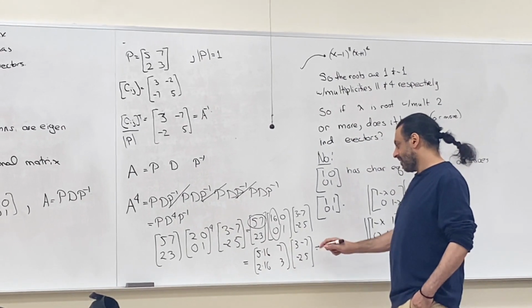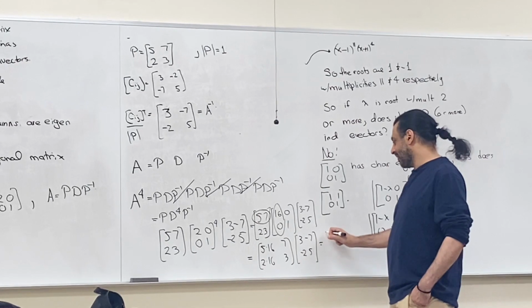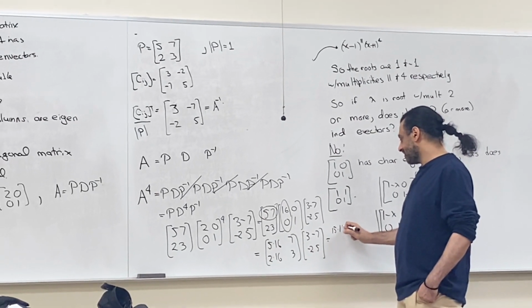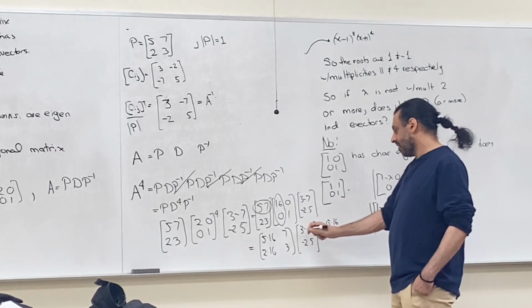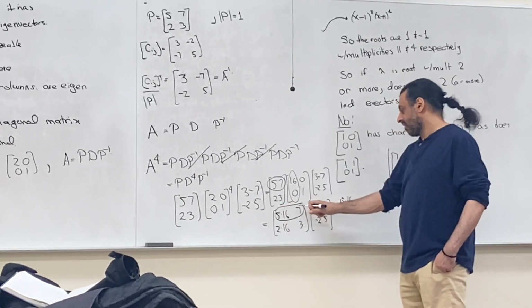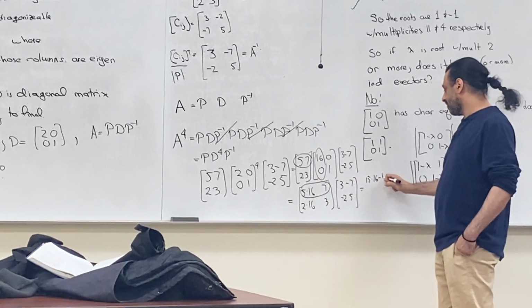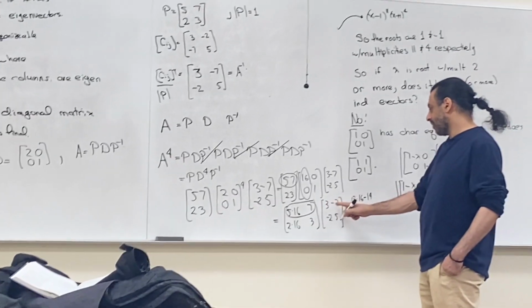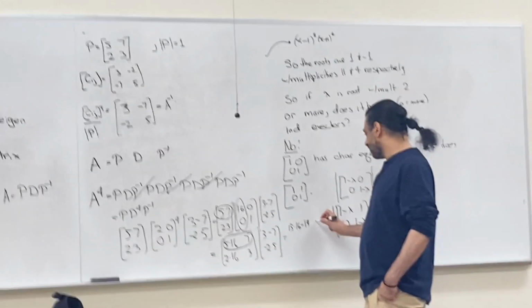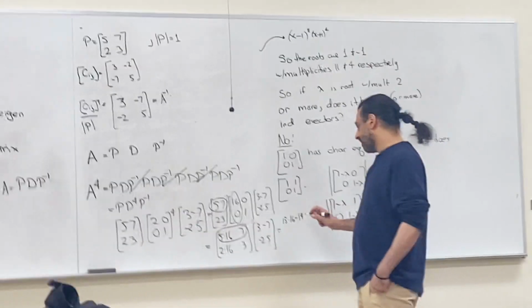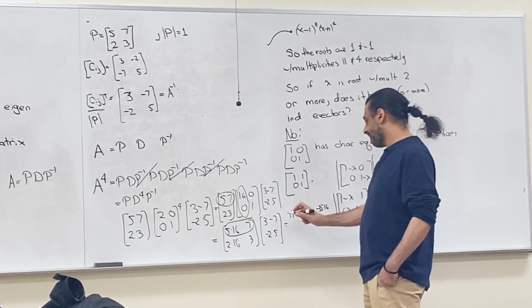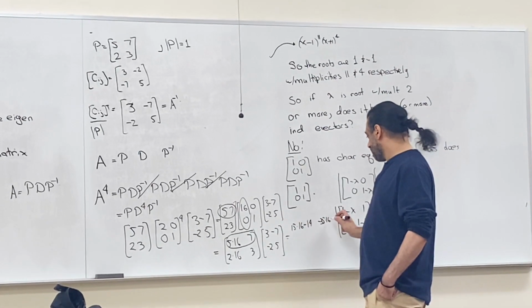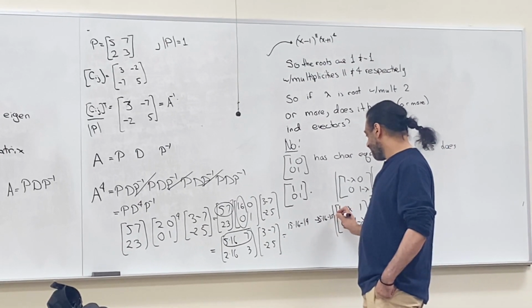Now this one may be more complicated. This is 5 times 3, 15 times 16, 7 times minus 2. The second one is minus 35 times 16. Minus 35. Right?